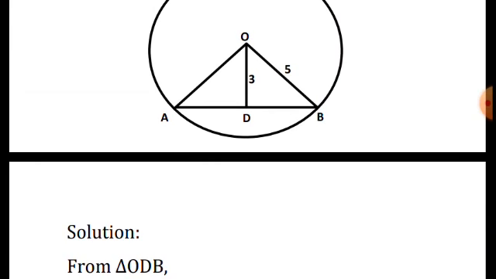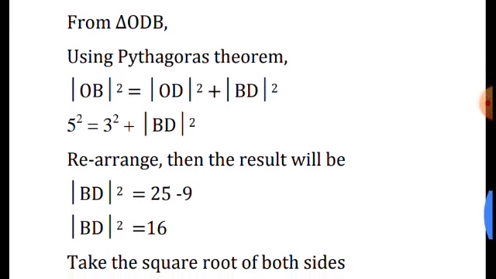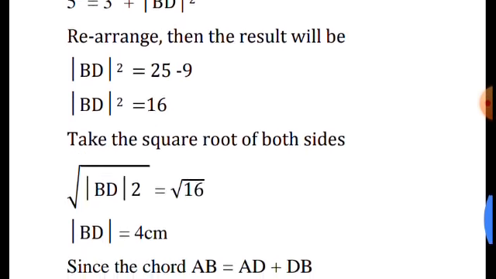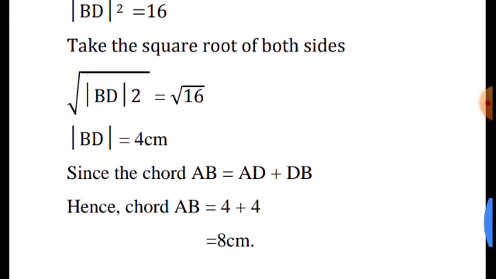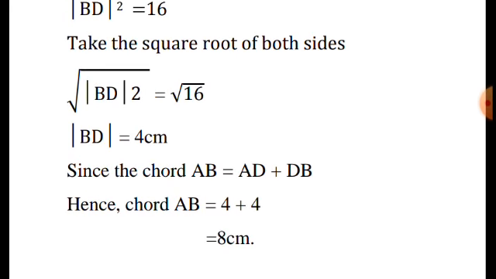So they have the same radius. Now, at the end of the day, we will add AD to DB, and that will give us 4 plus 4. And therefore, chord AB will be equal to 8 centimeter.